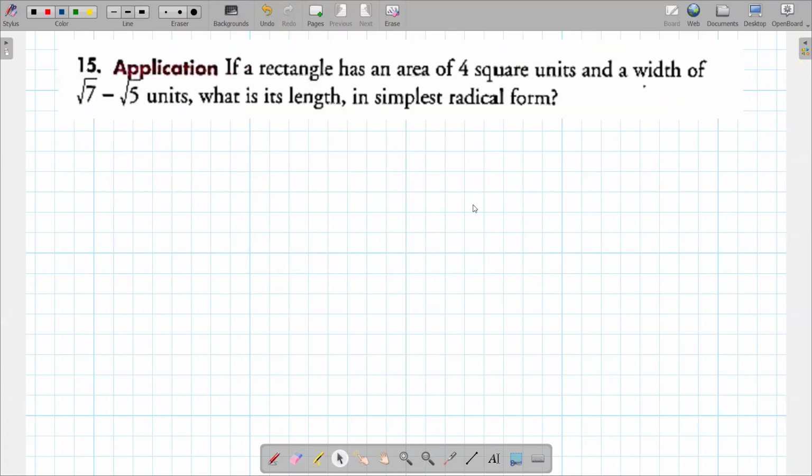If a rectangle has an area, so there's a rectangle, let's call this x and this y. We know that x times y is 4. The area is 4, or we can call it length times width. The next point is that it has a width of root 7 minus root 5.